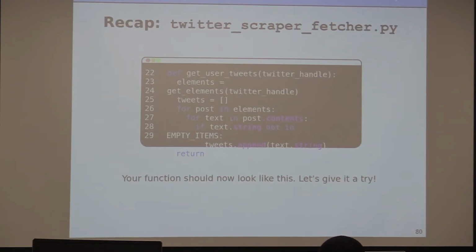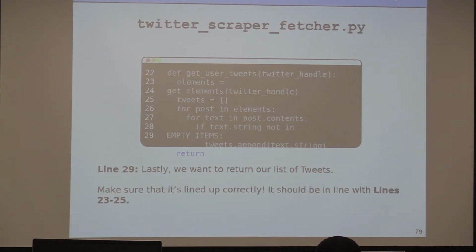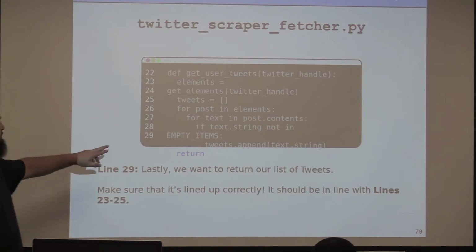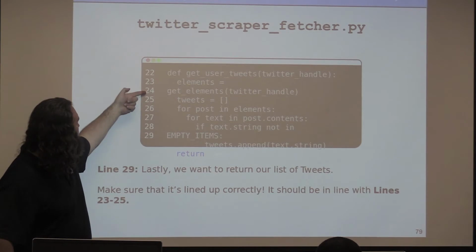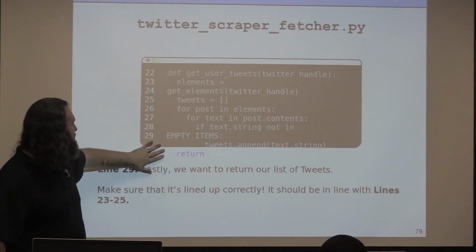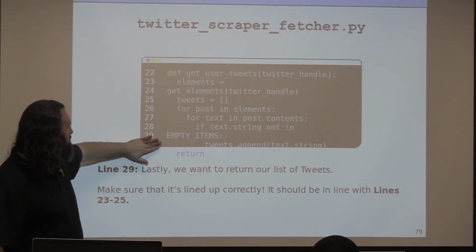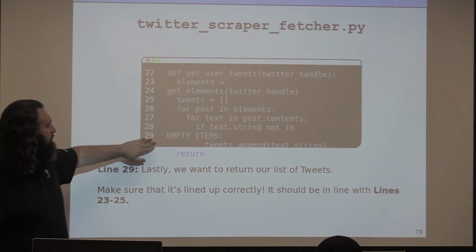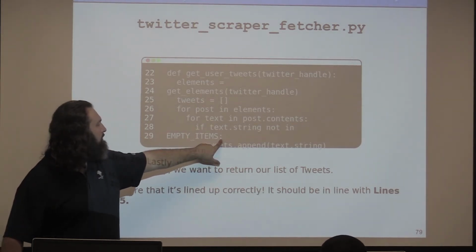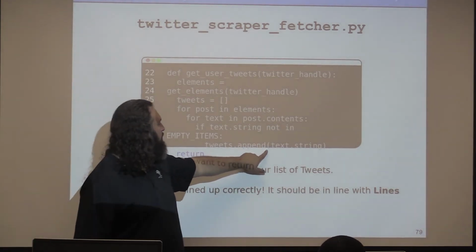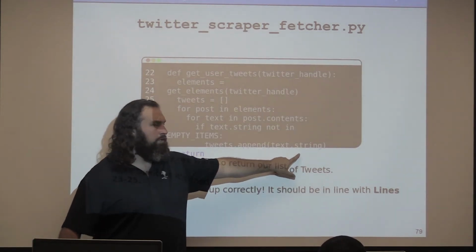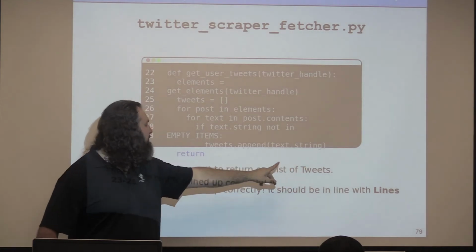Is that text comma string? Say that again? Is that text comma string? Right, on 30. There is no 30, I guess end of 29. There is going to be no, this is a colon right here. Right, and then right under the tweets: tweets.append, open parenthesis, text.string, and then close parentheses.